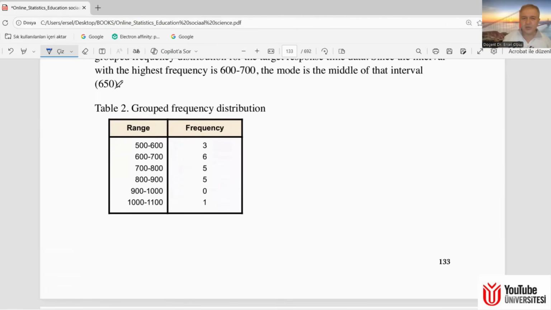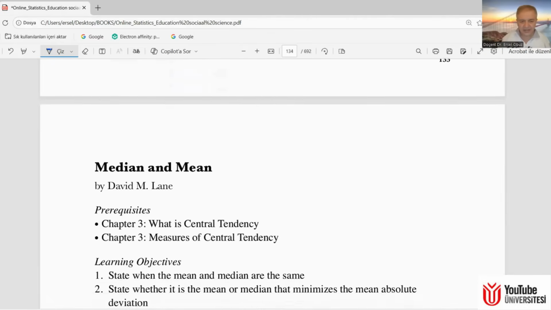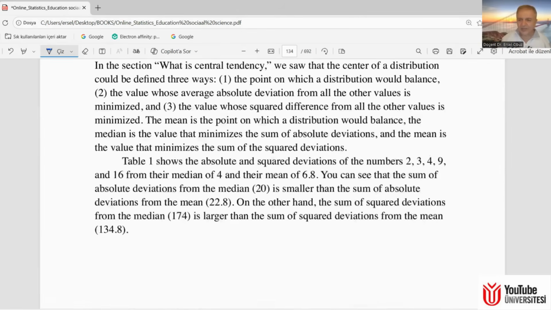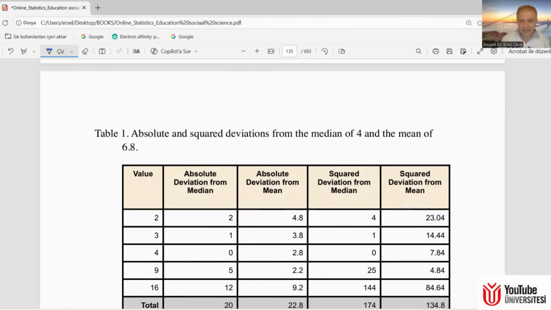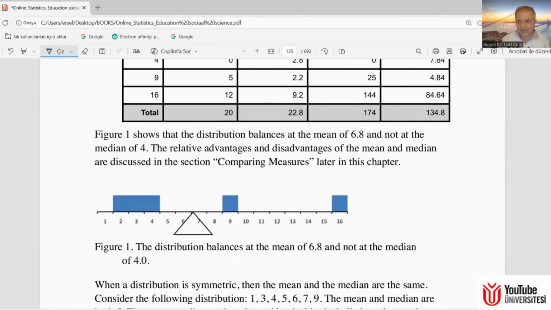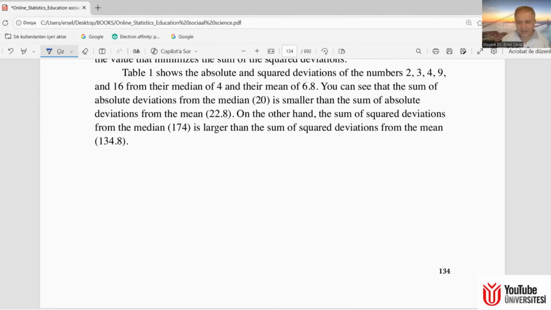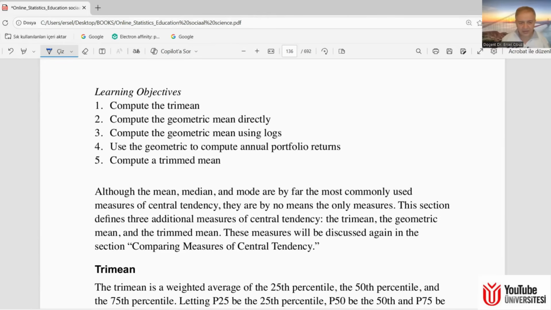Okay, we may have grouped frequency distributions. Things are going to be a little bit different in that case. Okay, let me see whether they get into that or not.